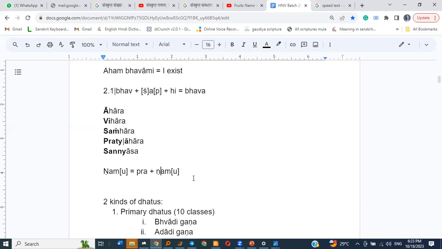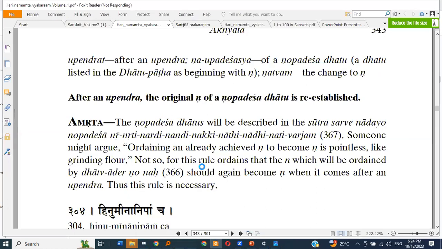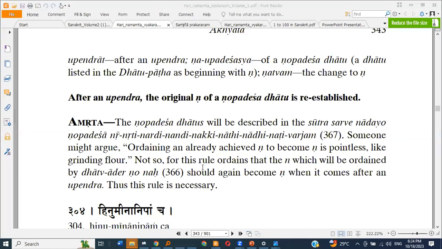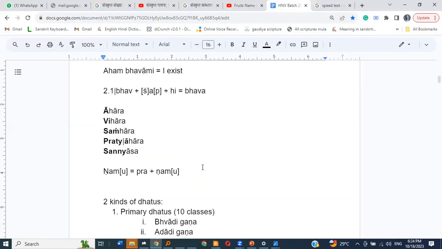Because now here the prerequisites are being fulfilled, and the current sutra also demands it, Nopadeshasya Natvam. We'll do more ahead of this one when the examples will come.